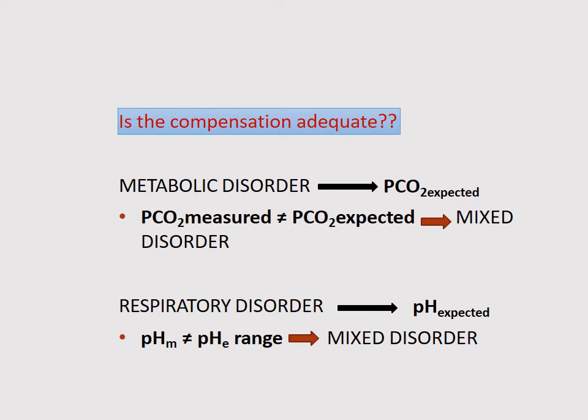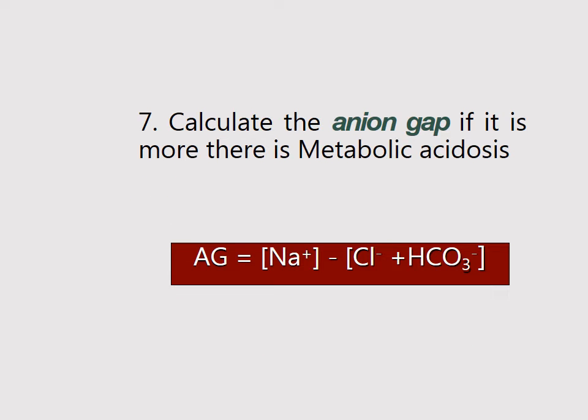So in a metabolic disorder, you will expect the PCO2 to be compensating, and the causing effect, the one changing the pH, would be bicarb. In the respiratory disorders, normally it's the PCO2 that is drifting the pH up or down, and the bicarbs are compensating.